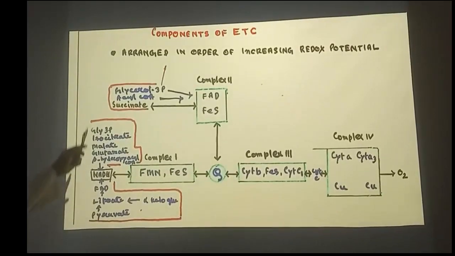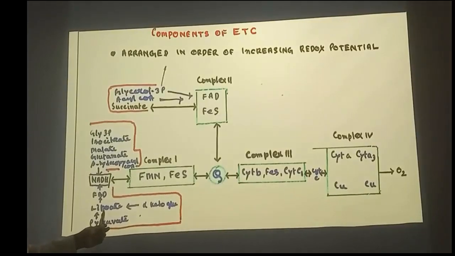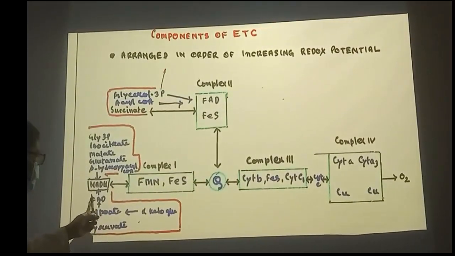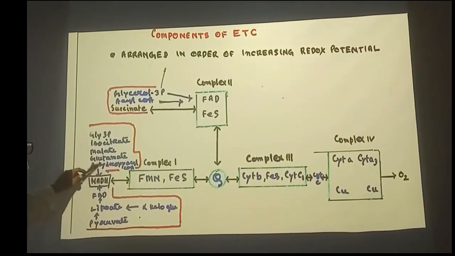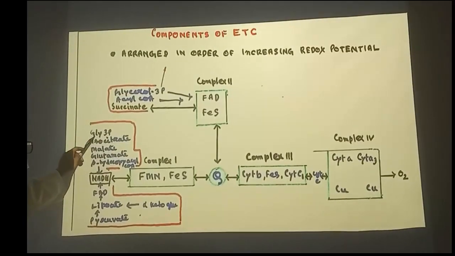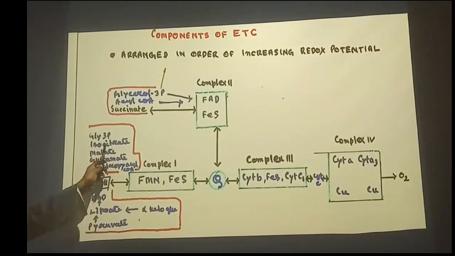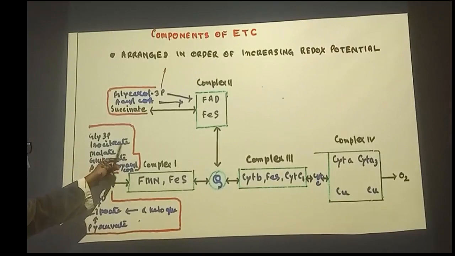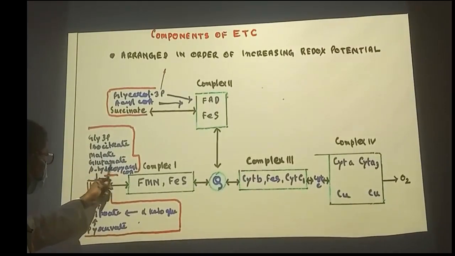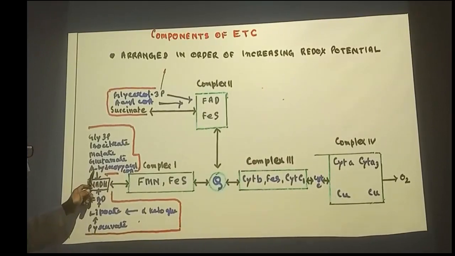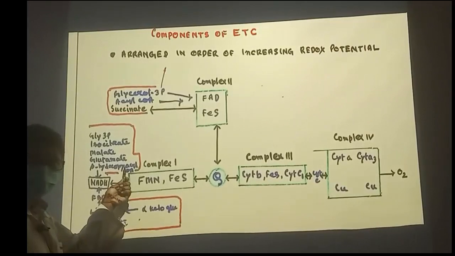Now I have listed here some reducing equivalents which can be oxidized, like NADH. NADH is generated from these reactions: glyceraldehyde 3-phosphate dehydrogenase, isocitrate dehydrogenase, malate dehydrogenase, succinate dehydrogenase, glutamate dehydrogenase, and beta hydroxyacyl CoA dehydrogenase.